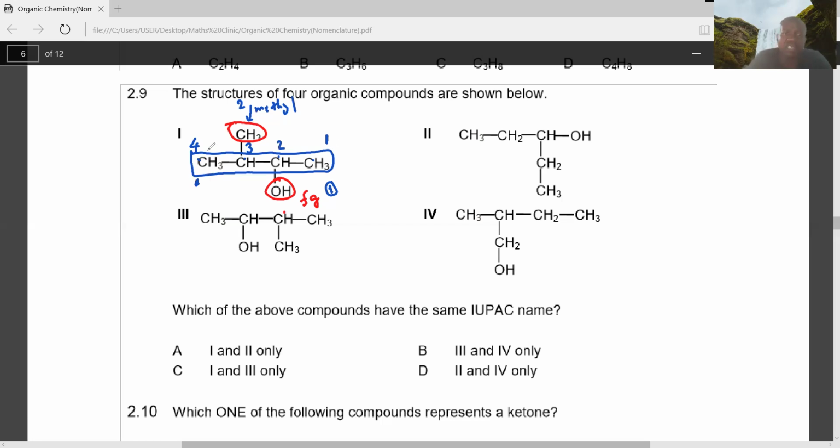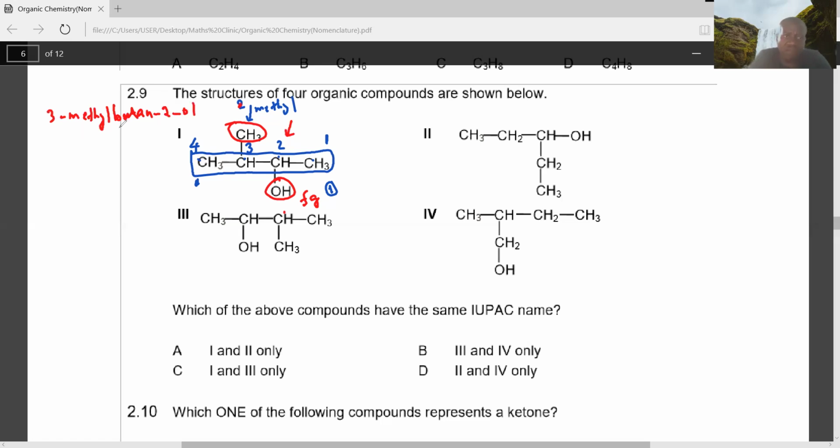What is our branch? The branch is methyl and it is at carbon number 3. So it will be 3-methyl. Four carbons is but, so this will be butane. And where is our functional group? So it will be butan-2-ol.